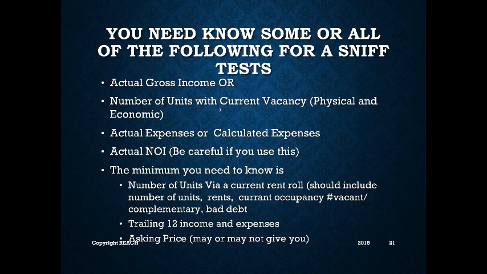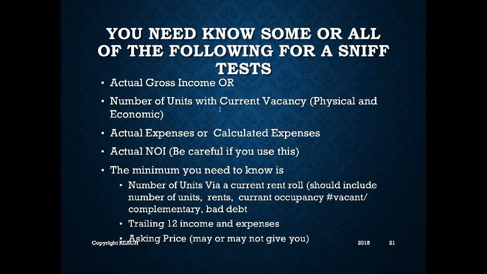I would use 45%. In self-storage, they are the cheapest to run expense-wise because you're going to use a lot of technology in those for the gates and for renting and stuff like that. So your expenses tend to be 35 to 40%.